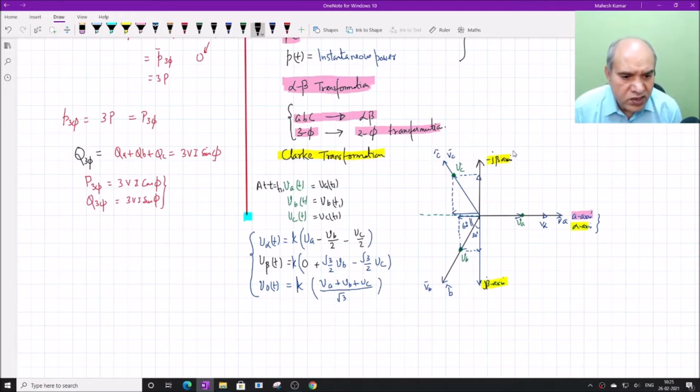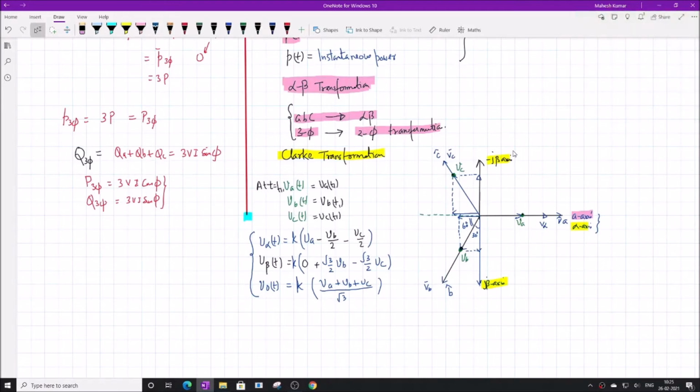So they have been located here. This is point A, this is point B, and this is point C. They may have any value. Once we locate them, we resolve their components along the alpha beta axes, basically along the horizontal and the vertical axis.